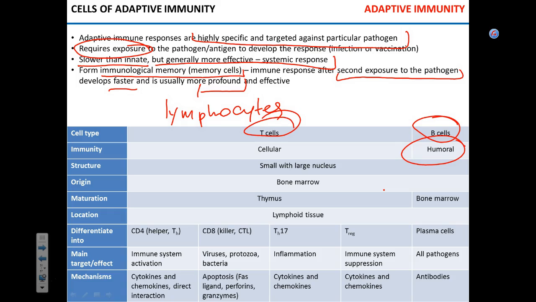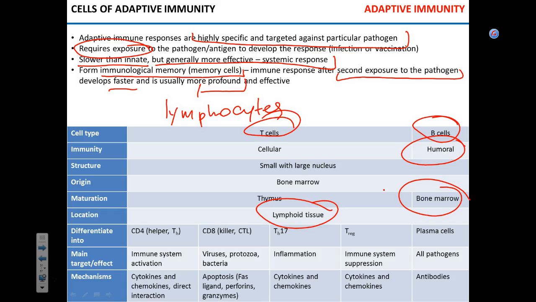Okay? So B cells, just a quick overview, are produced and mature in the bone marrow, and when they are matured, they go into the lymphoid tissue, lymph nodes mostly. B cells can be found in the germinal centers of lymph nodes. And when they are exposed to the pathogen, remember we talked about inflammation and how plasma seeps into the tissues and creates a continuous flow, washes away pathogens and washes them into the lymphatic system.